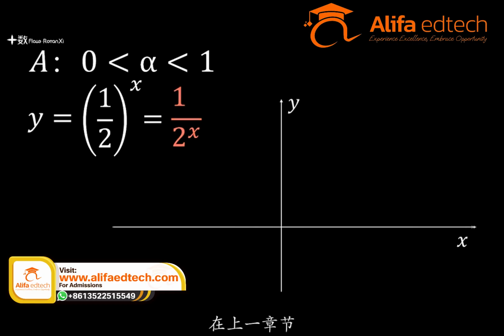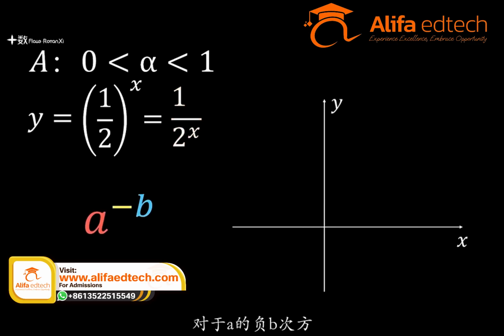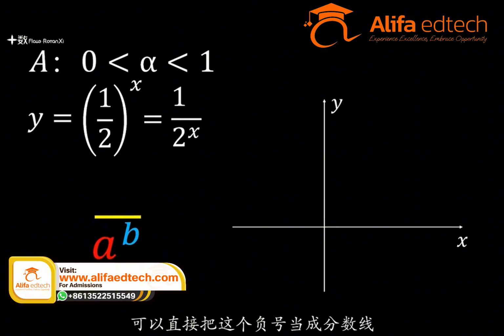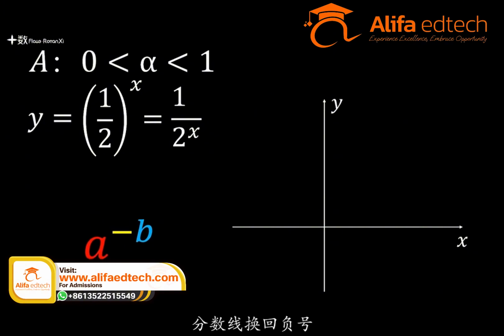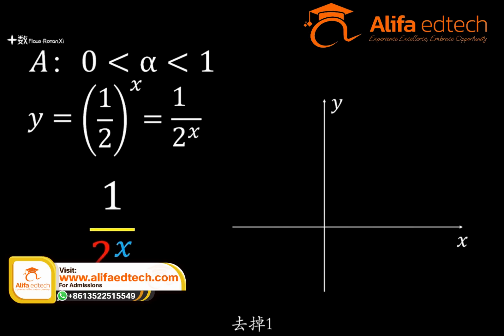In the previous chapter, we learned for a to the power of negative b, we can directly treat the negative as a fraction with 1 on top to complete it. Converting back is also convenient. Remove the fraction and restore the negative. That's right, remove the fraction and restore the negative. This function equals 2 to the power of negative x, what should its graph look like?